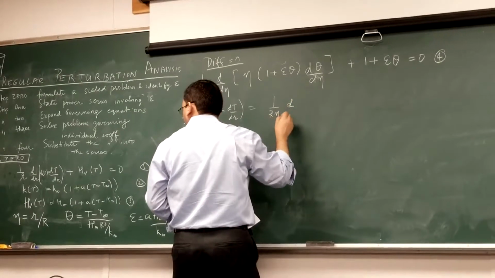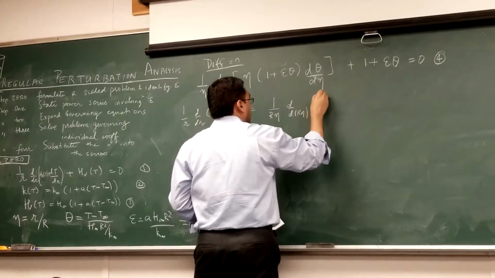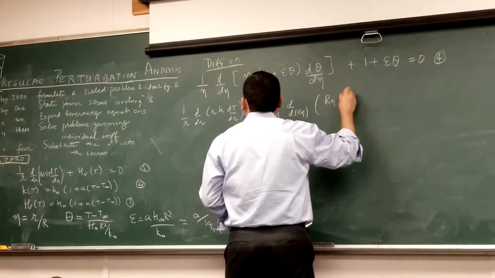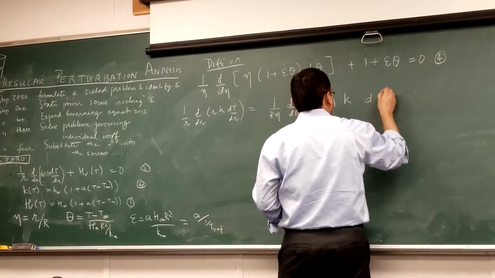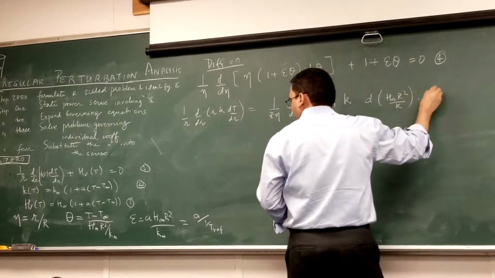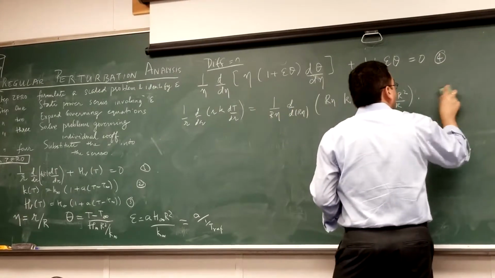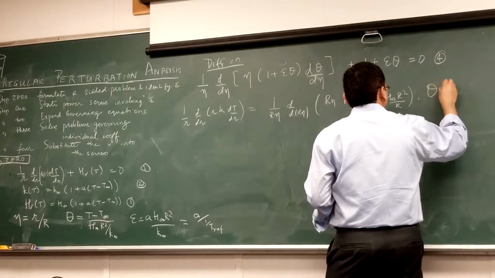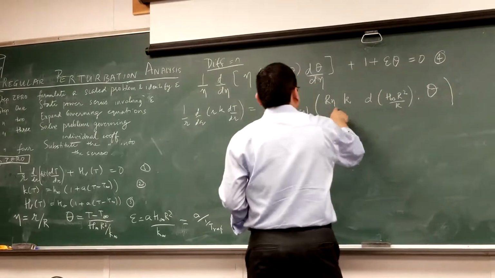Then you're just using the equality, and I write d r eta, and inside I write r will be capital R eta, and then k will be k, and dt you again are going to write as d multiplied with h infinity r squared over k multiplied with d minus theta here, and the theta here. So I have all the terms.